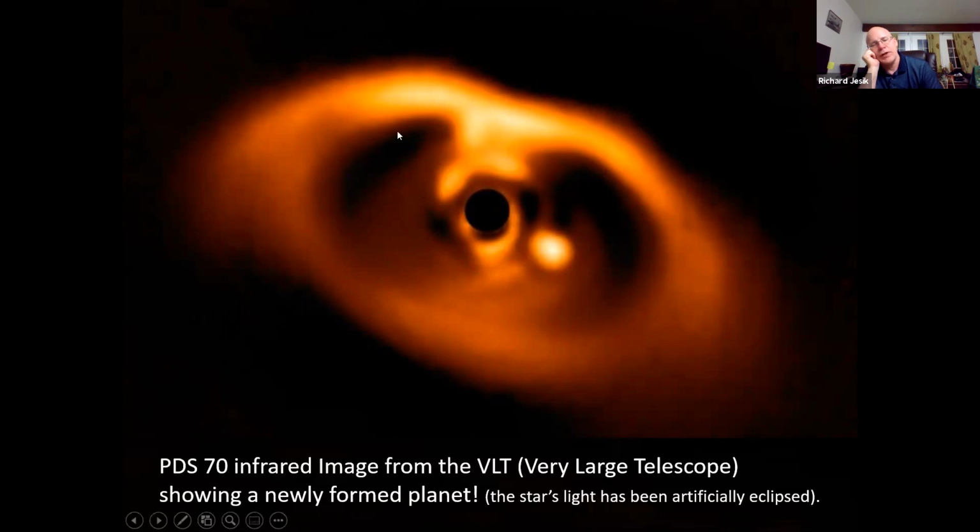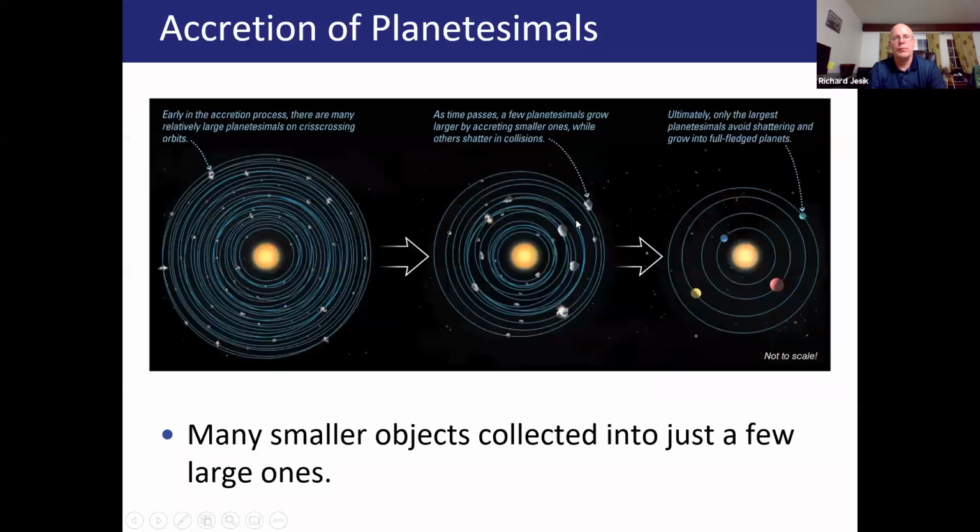It hasn't cleared its path yet, but you can see that it's started to make one of those rings in there. Again, the star here, this is an infrared light, but the star still emits a tremendous amount of infrared light. So we have optical instruments that make an artificial eclipse that will block out the light from the star, and that allows us to see the gas and dust. And in this case, we can see a baby planet being formed.